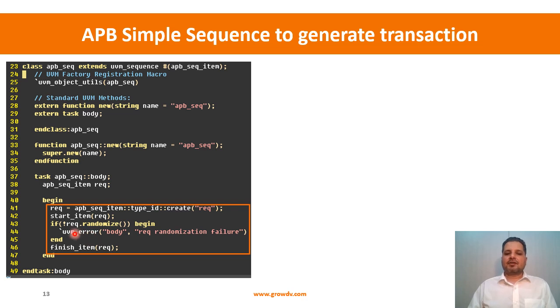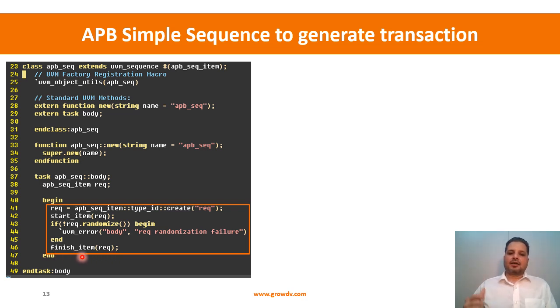And then after randomizing, it checks whether the randomization has succeeded, because randomization can fail due to inconsistent constraints, and then it calls the finish item request, in which case the actual randomized APB sequence item now gets passed to the driver, and the driver will be able to execute this particular sequence item, and if it is a read, it will copy the data back to the sequence item, and it will call item done, and then this finish item gets unblocked.